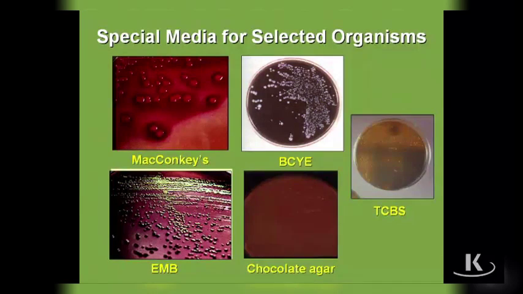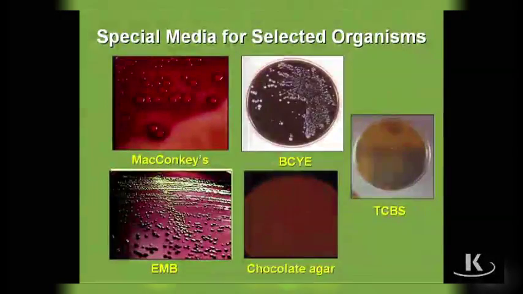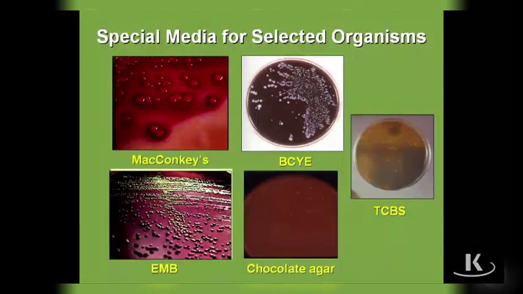McConkey agar is shown here such that if an organism ferments lactose, there is a pH indicator in the medium, and it's going to turn those colonies pink. So a lactose fermenter on McConkey is going to be pink. Down at the bottom, this is EMB agar, eosin methylene blue. And EMB agar a lot of the time is used to culture coliform bacteria, bacteria that are normally found in the gut.